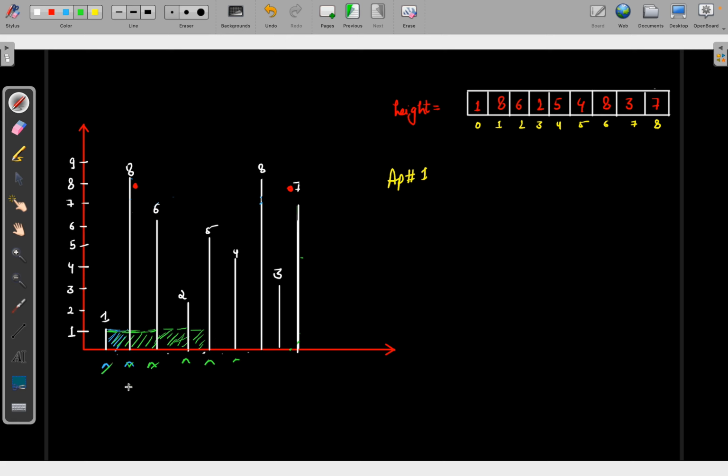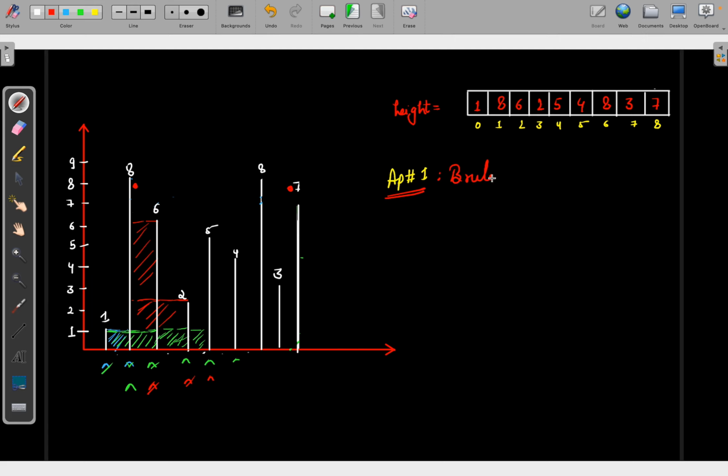And after this I will take this as a base height, and again I will calculate between these two. So suppose I am taking this one, this will be one of the water containers. Then I will move again, then the water level will be this one.